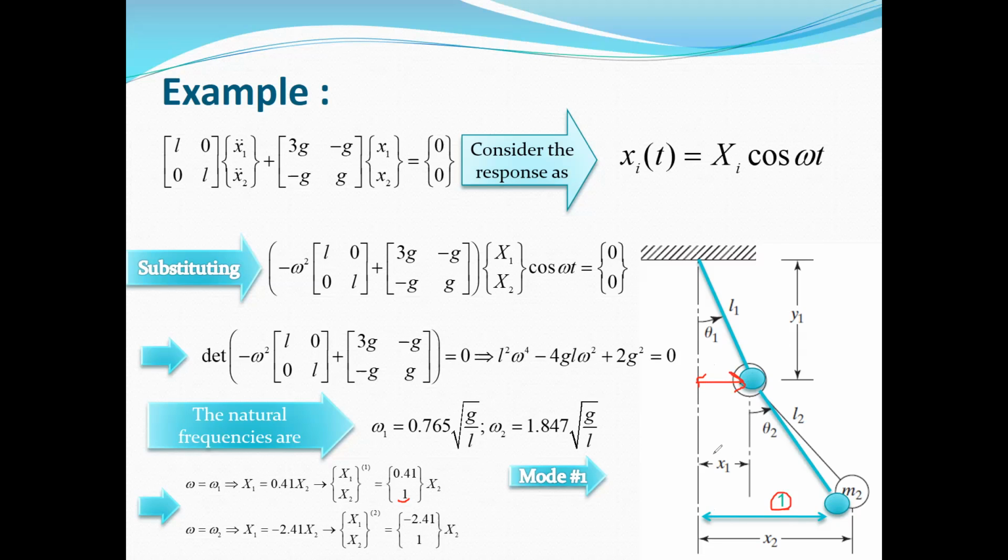So this is the first mode shape, and the second mode shape is the blue one. Again, if we assume that this is the unit, or x2 is equal to 1, x1 is equal to minus 2.41.